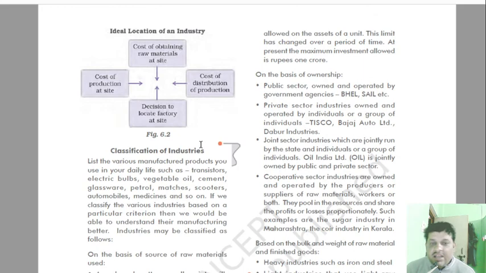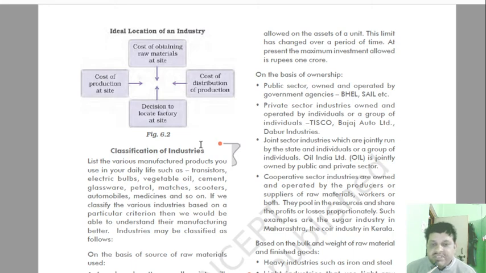On the basis of ownership, there are public sector, government owned industries like SAIL, Steel Authority of India, and Bharat Heavy Electricals Limited. There are various iron and steel industries, aluminum industries, fertilizer industries which are government, public sector industries, like NALCO, BALCO, National Aluminium Company.